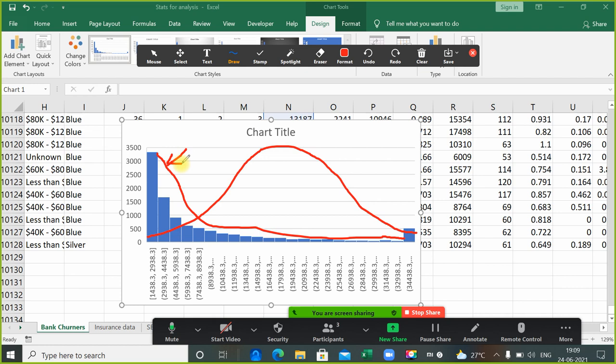Now my idea here is to check where exactly we are getting the center of this data, the minimum value of the data, the maximum value of the data, and how far they are, like the width of the data distribution.